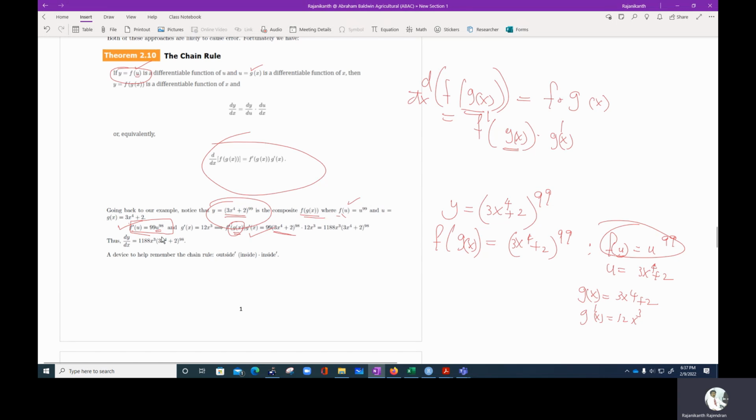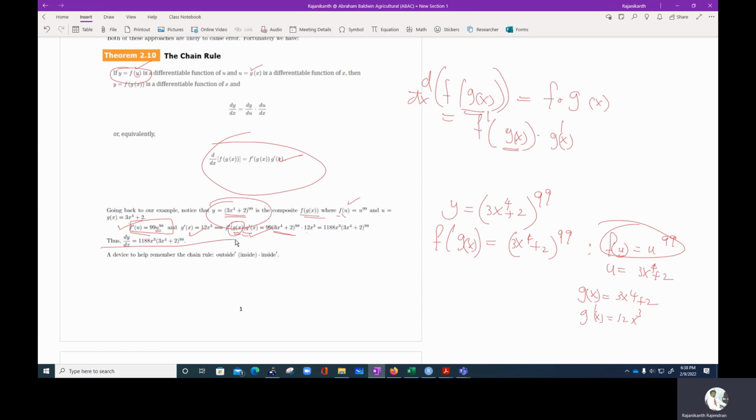Then you see the power 98 times g prime x. You see the formula? f prime of g(x) times g prime x. In other words, the derivative of g, which we know is 12x cubed. So simply plugging them in, you will get the answer. So it's an easy way to think.